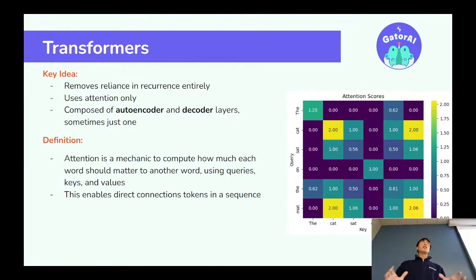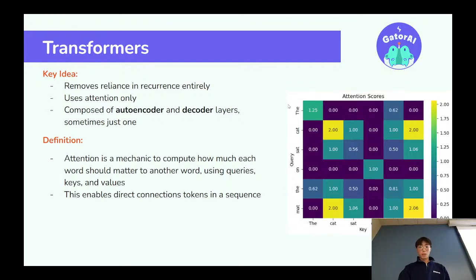We can see an example of how attention is looked at as a matrix. Here we have a sentence, the cat sat on the mat. What we're looking at in the attention matrix is how much each word or token in the sequence matters to another word in the sentence. And it is direction dependent.